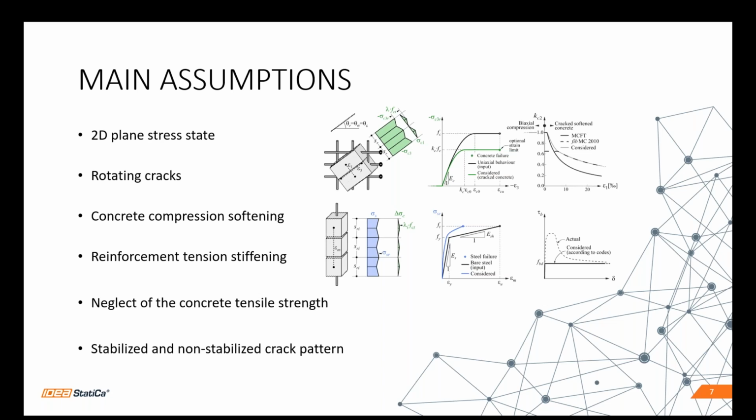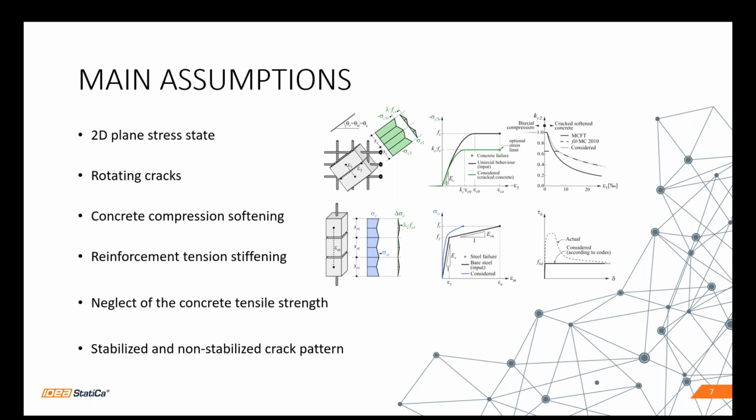And in both cases, as I mentioned right now, the concrete is considered fully cracked before loading by default. You can see the diagrams in the image on the right side of this screen. We also neglect the concrete tensile strength, and we use stabilized and non-stabilized crack pattern.